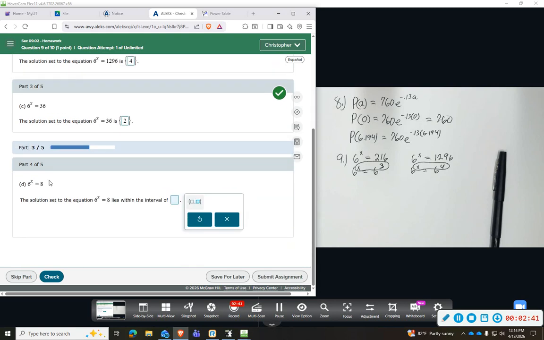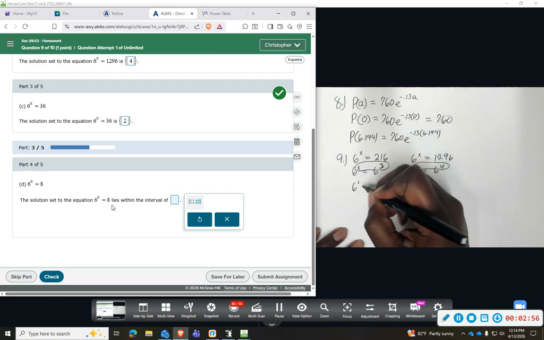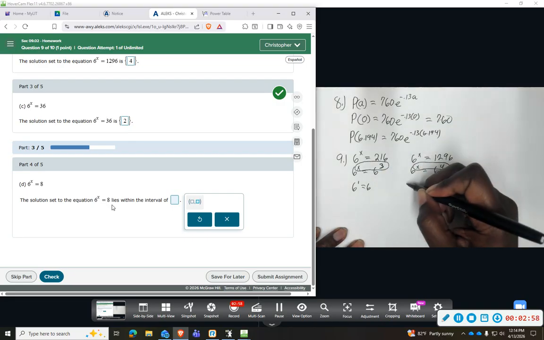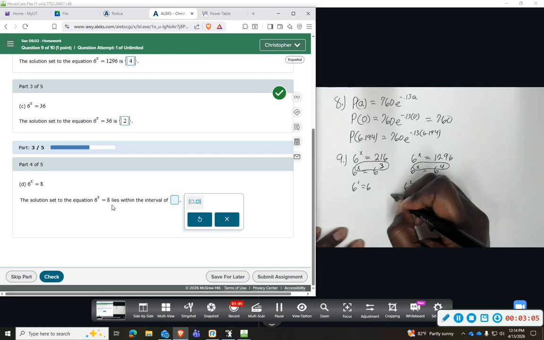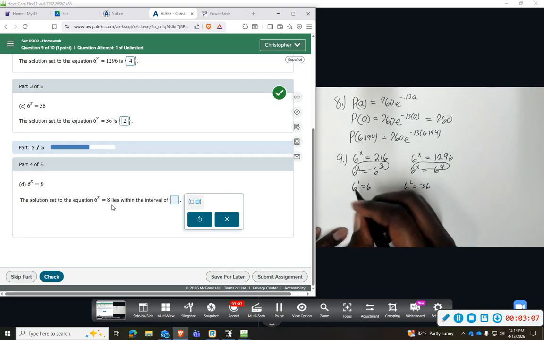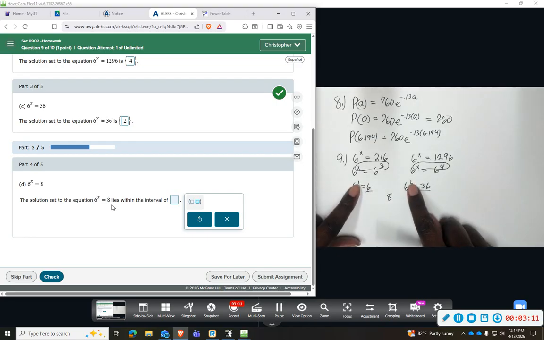Alright, so once we get that, now we want to find an interval for where the solution lies. So 6 to some power equals 8. If we do 6 to the first power, that gives us 6. If we do 6 to the second power, that gives us 36. 8 is between 6 and 36, so my answer has to be somewhere between 1 and 2.